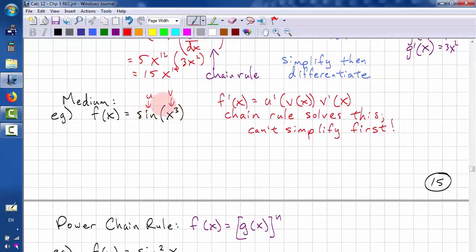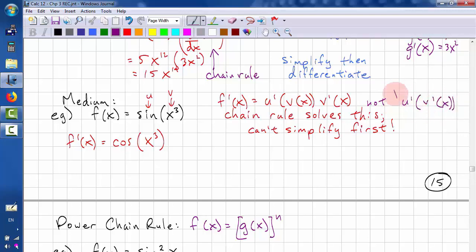Okay, there's nothing to simplify first, so we have to use the chain rule. So f prime of x equals u prime, so that's cosine, and we put in v of x. We don't want to take the derivative here. It's not as simple as u prime of v prime, okay?